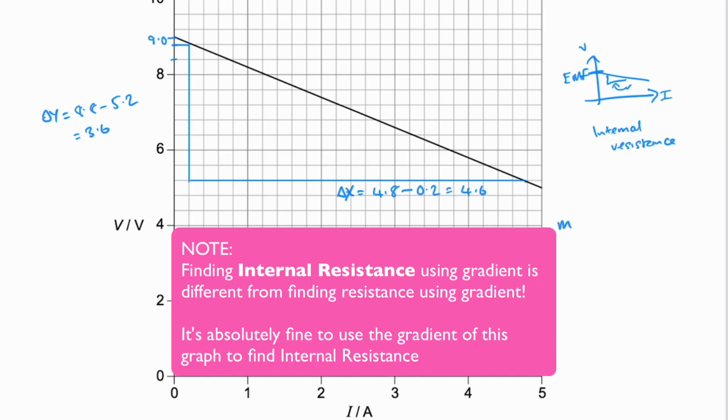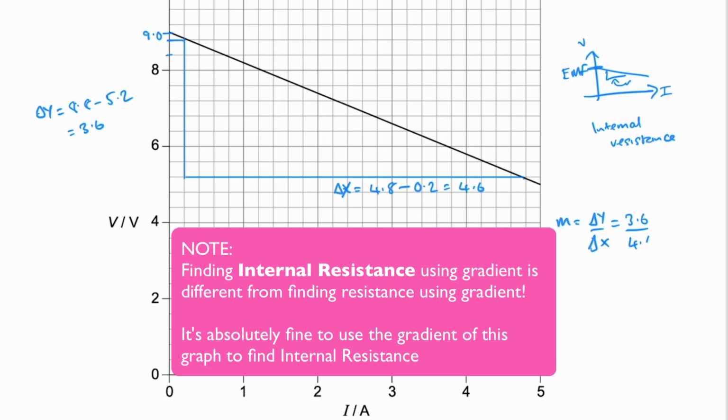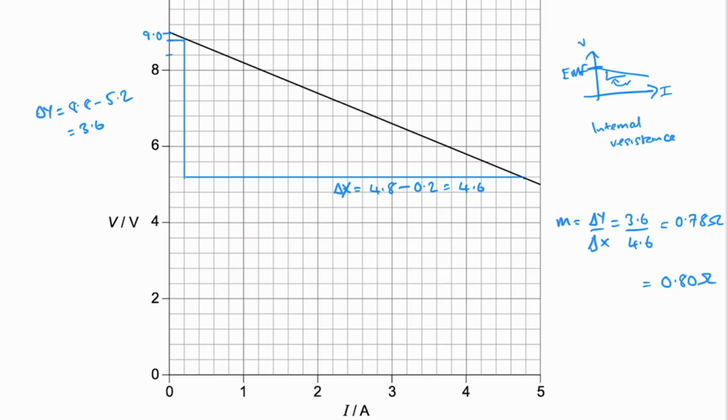Now to find the gradient, we do change in y over the change in x, which is 3.6 divided by 4.6, which gives us an answer of 0.78. And that's going to be ohms. Let's put that down to one significant figure: 0.8 ohms.